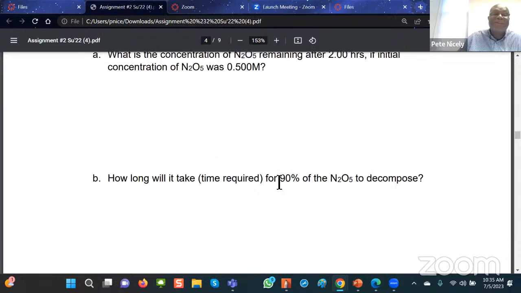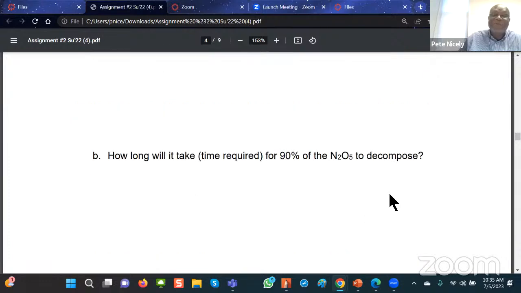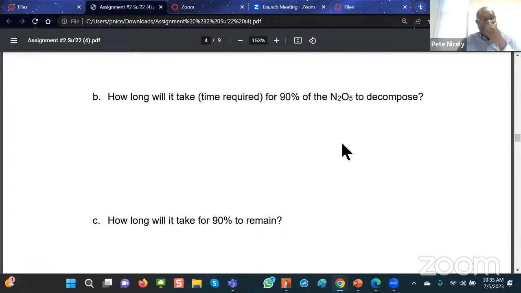Now, here's the thing. The question says that 90% of the N2O5 will decompose. So let me hear from you guys how you tackle this particular part. Any ideas?